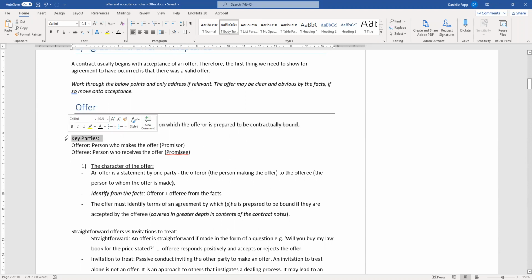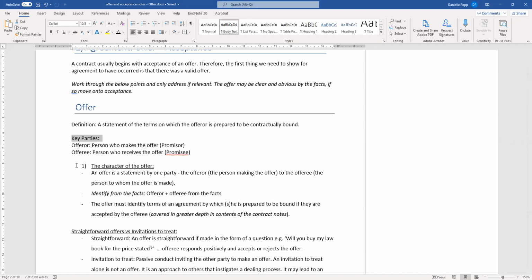Also very key, that I think helps a lot of students, write down your key parties. So for each type of law, there will be different key parties, your plaintiffs, your defendants. Here we have offeror, offeree. Write it down. The number of students that we see who clearly know what they're talking about, but they've mixed up the offeror and the offeree.